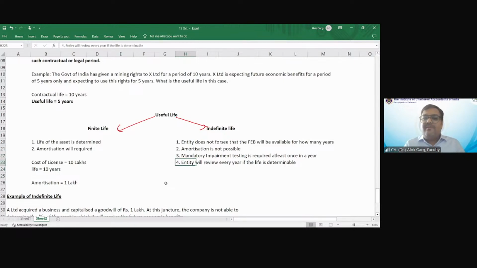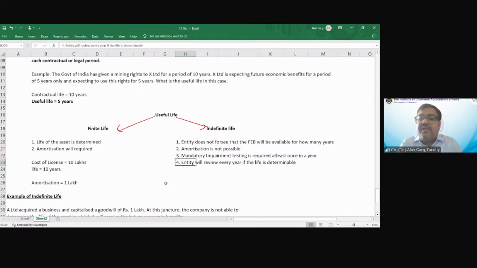The entity will review every year whether the life is determinable. Sir, we have acquired a goodwill. In the first year, the life is not determinable, so it is indefinite life. Sir, for the next 100 years, will we always carry this asset as indefinite life? Or at every reporting date, do we need to check whether the life is now determinable? Can I estimate for how many years the future economic benefit will be received? The standard says yes, you are required to do that.